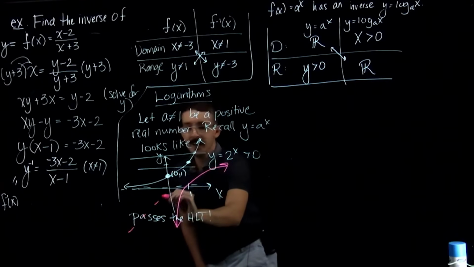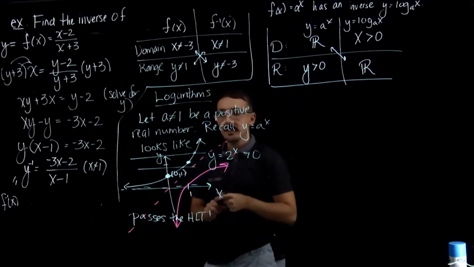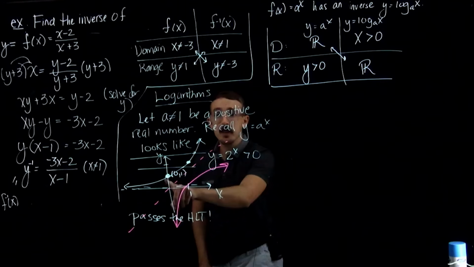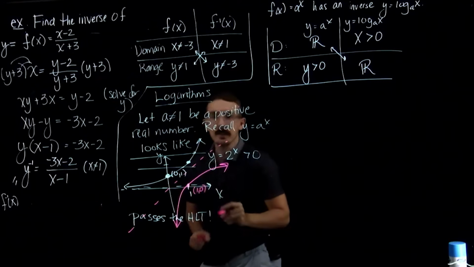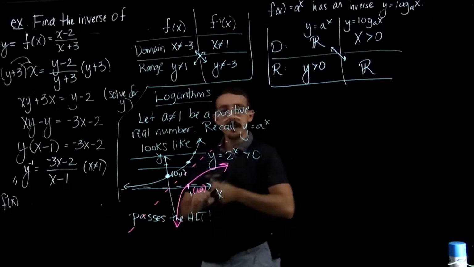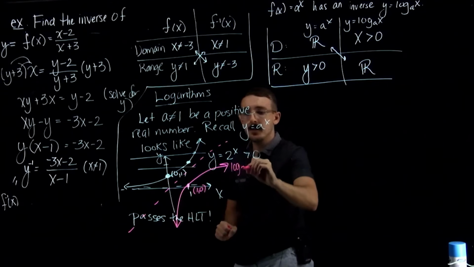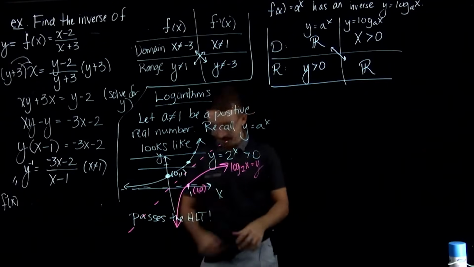And then you'll have that nice symmetry, just like with every other function and its inverse. So an exponential graph has the point (0, 1). For a logarithm, that important point switches to (1, 0). All of the x and y switch. So this right here is log base 2 of x. That's what I drew. So it has that nice symmetry over here.